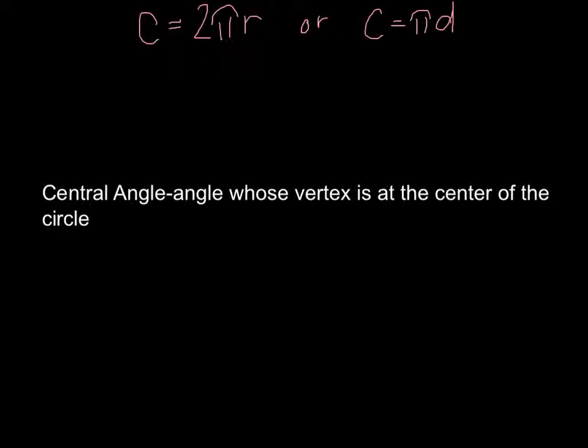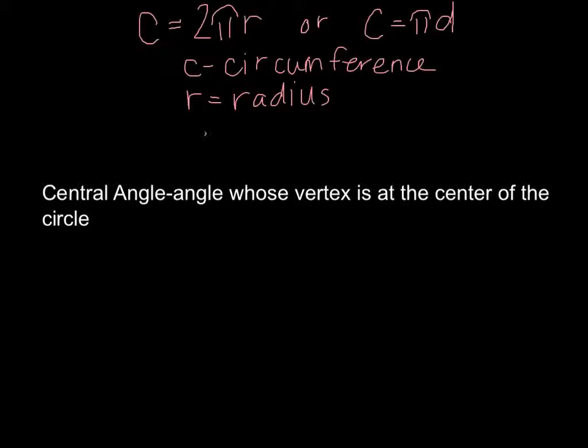So that's why we can have two r, or we could have one diameter. We'll write this out. C means circumference, r equals radius, and d equals diameter.